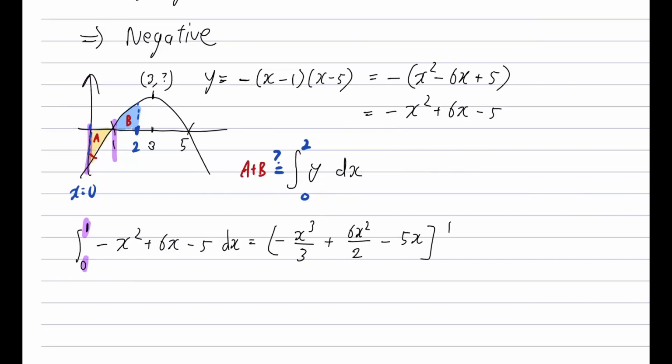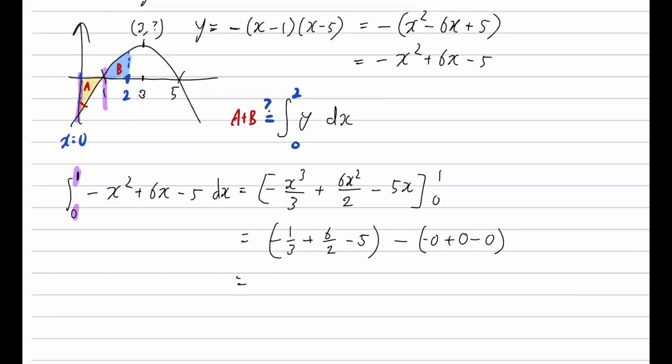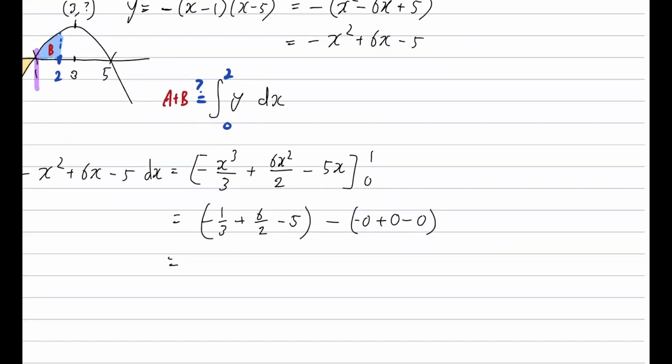Sub in upper and lower limits, 1 and 0. What do we end up with? Minus 1 over 3 plus 6 over 2 minus 5, minus away 0 plus 0 minus 0. Let's calculate this: 3 minus 5 is negative 2, minus 1/3, which is negative 2 1/3.